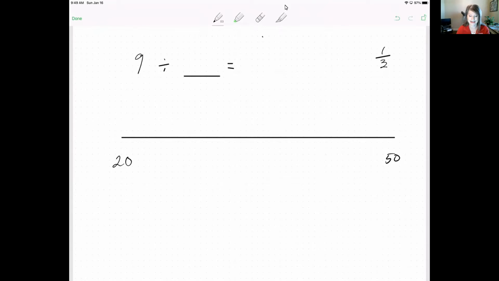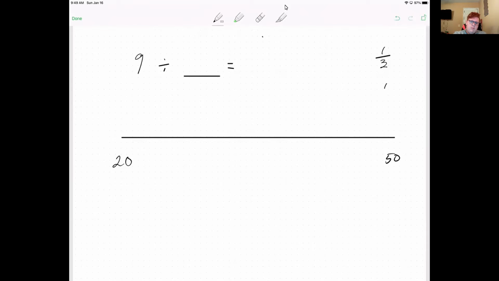So if I take 9 and divide it into thirds, how many pieces am I going to have, or how many holes, I guess, will I have at this point? Everybody agree with that one? It's going to get us 27. Okay, what's another one? 1/4.